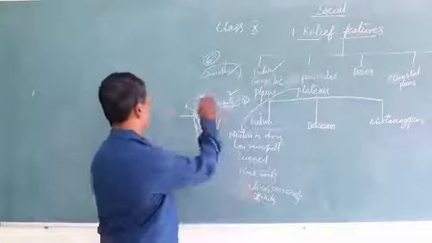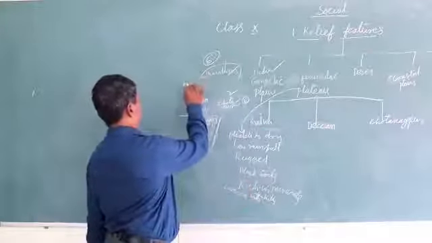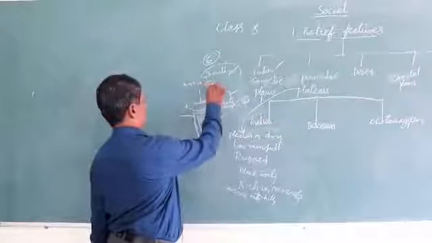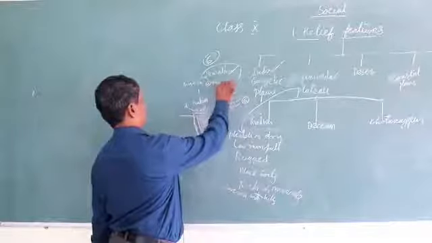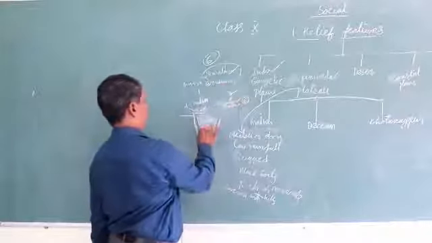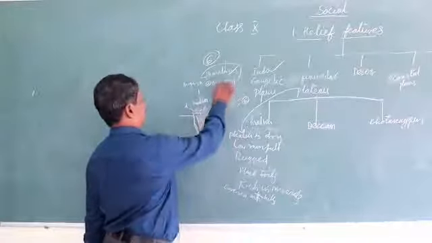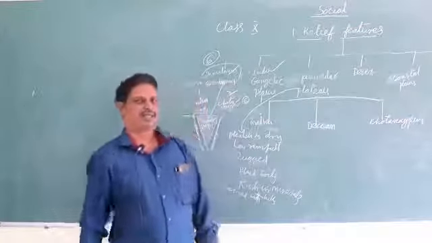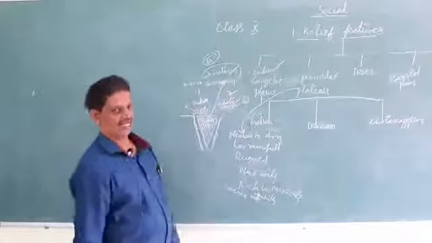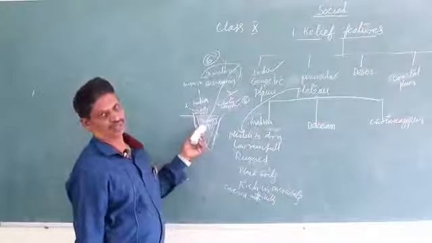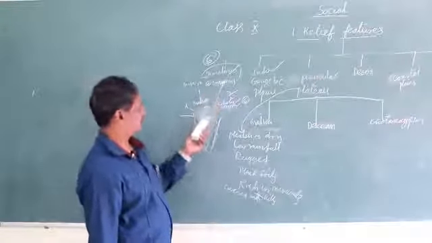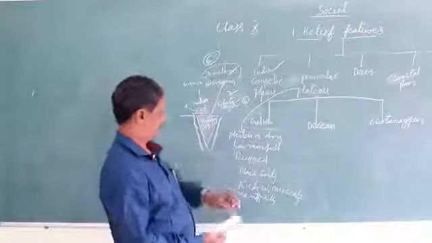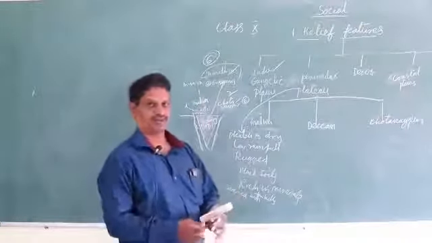One is Angara, second is Gondwana. So Deccan Plateau is a part of Gondwana. This is an age-old or ancient earth plate, part of the Gondwana. Okay, so this is the peninsular plateau.